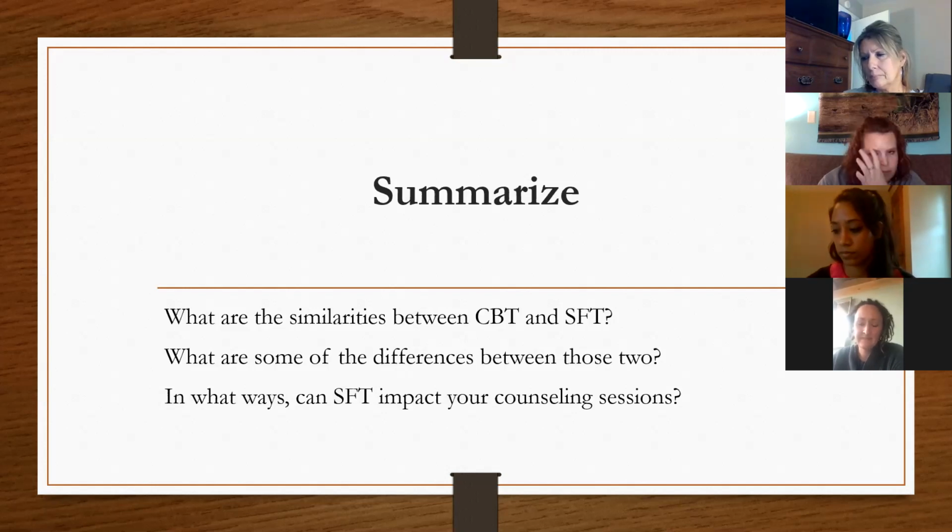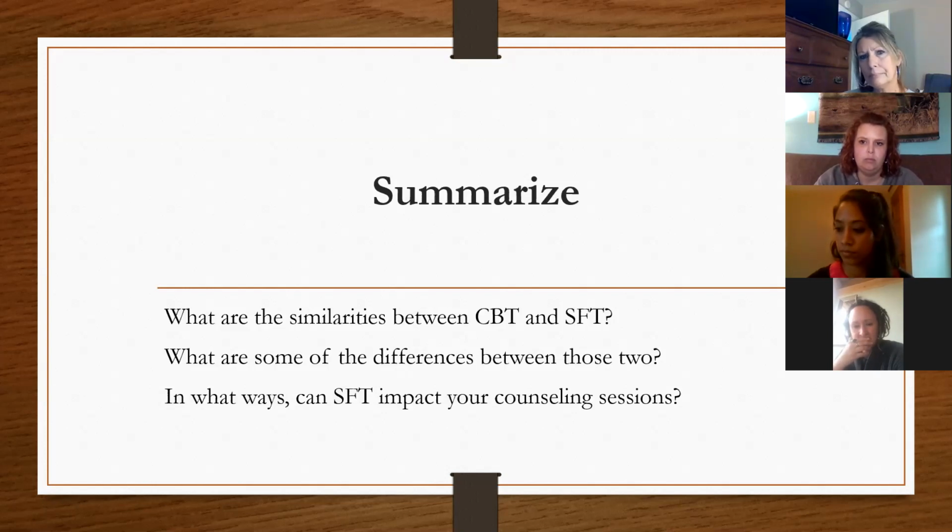CBT tends to go with, well, let's identify the problem, let's work together to find some solutions, whereas SFT more focuses on, okay, we know the problem exists, so what worked when we were trying to go through this before, versus what didn't work.